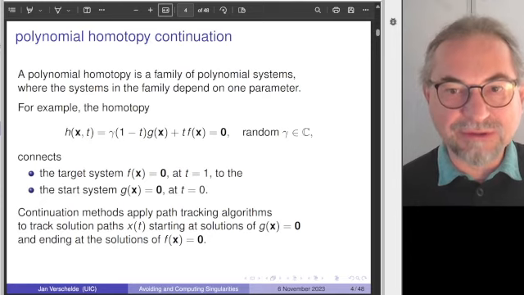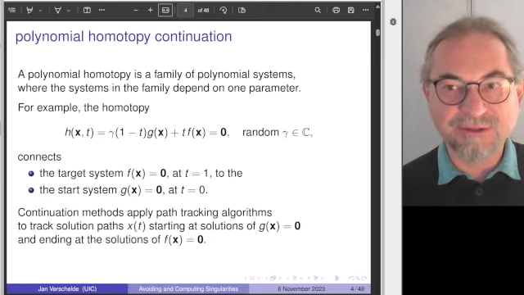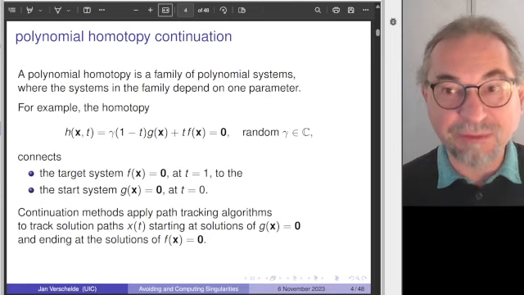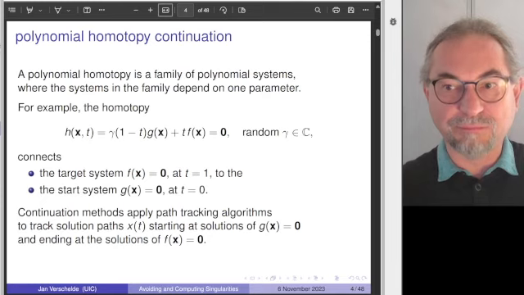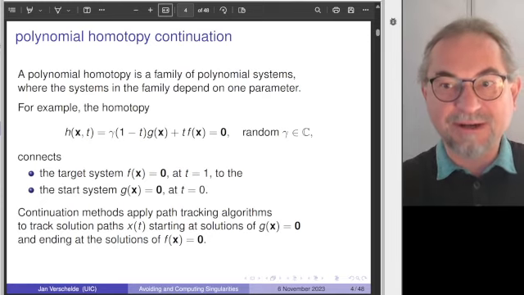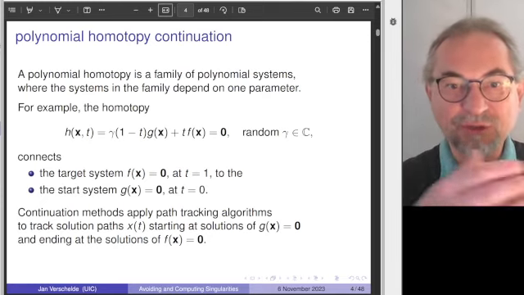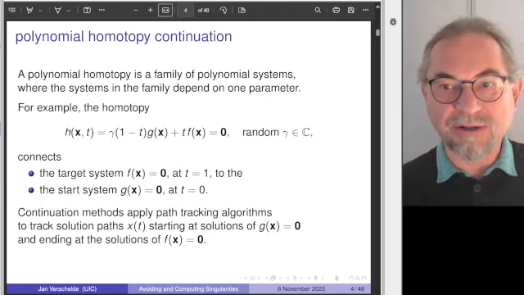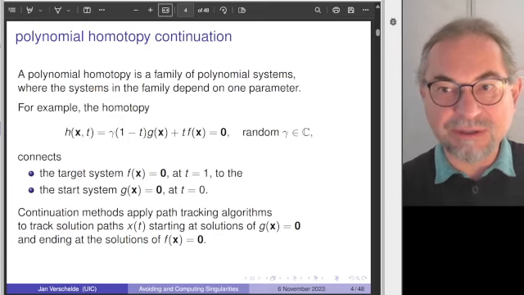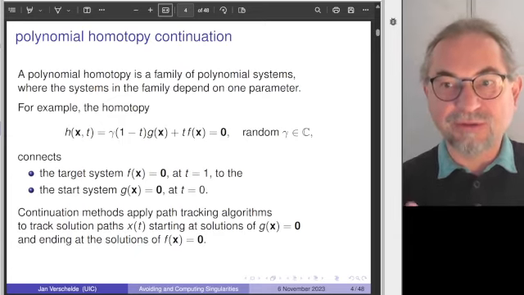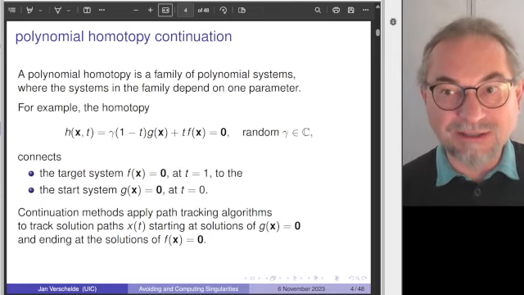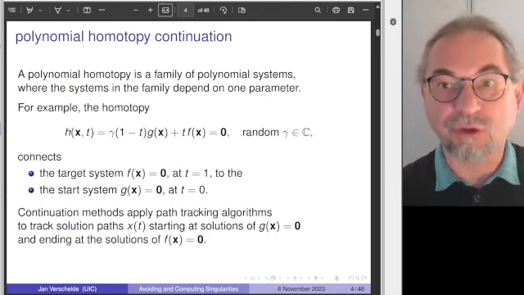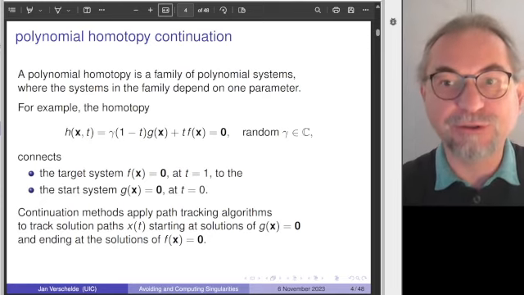At t equals 0, we are at the start system, or more in particular, in the parameter space, in the space of all polynomial systems, we are at that start system G. In the solution space, we are at the solution of the start system. So the start system is typically constructed so that we know the solutions, or we can more easily compute the solutions, or we have already computed.